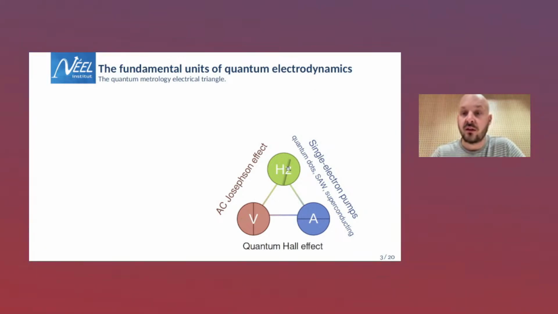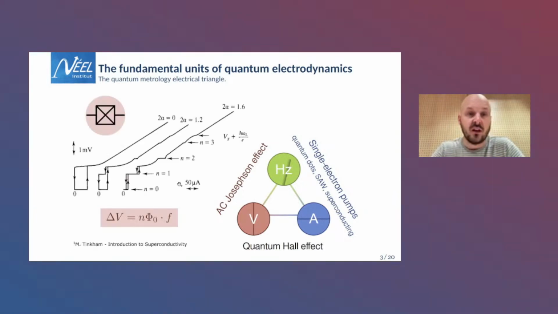Now, regarding the link between the frequency and the voltage, there is, of course, the AC Josephson effect and the famous Shapiro steps. The idea is the following. You current bias a Josephson junction, and then you shine some microwave.